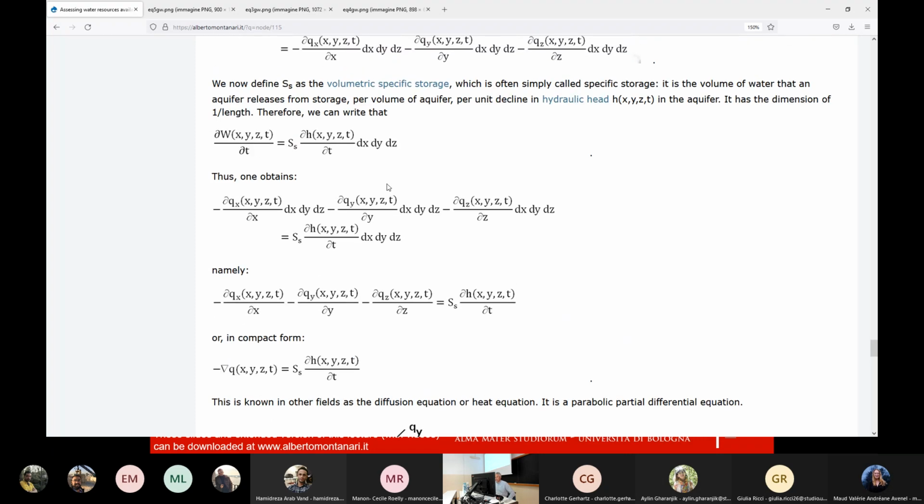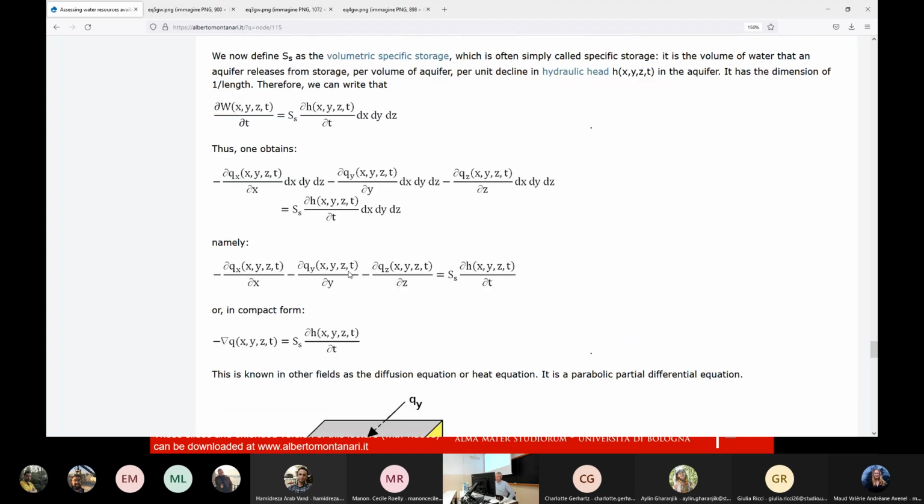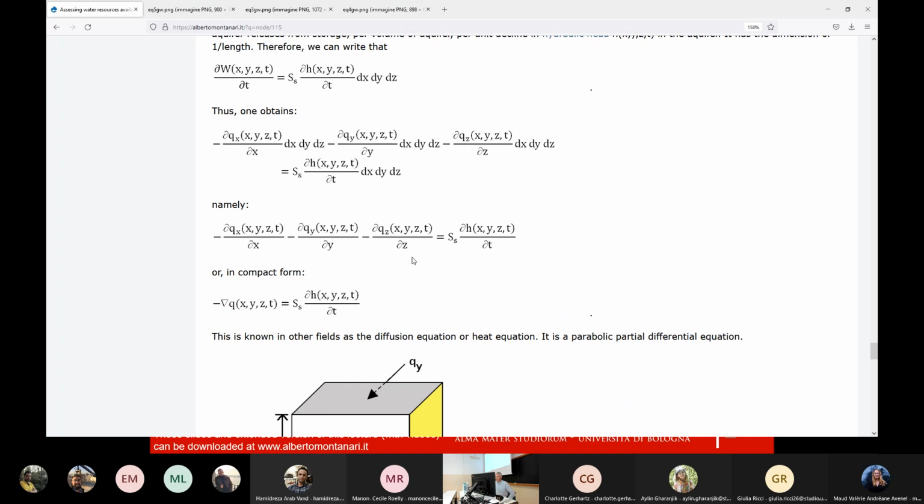What I can do is eliminate from this equation the three products dx, dy, dz. You see that I can divide each member of the equation, the left-hand side and right-hand side, by the elementary volume, dx, dy, dz.